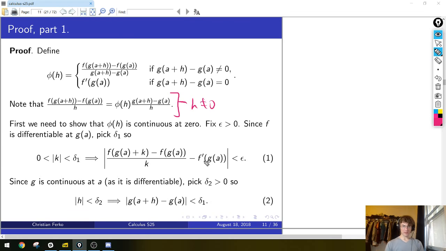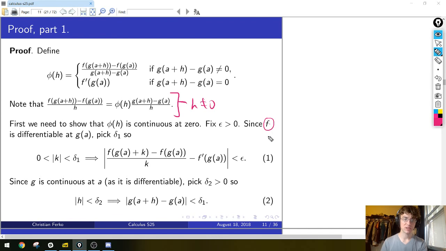Okay, so the first part of the proof, we have to show that phi is actually continuous at 0. Because as we said, we wanted to split the limits. We can only do that if the limits exist, so we'll prove phi is continuous. For every continuity proof, we have to start by let epsilon greater than 0 be given, or fix some epsilon greater than 0, in other words. So the first assumption we need to use is that f is differentiable at g of a, which we said in the theorem statement, so we assume that.